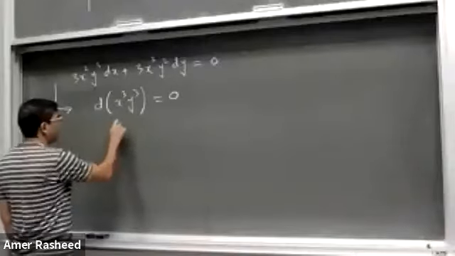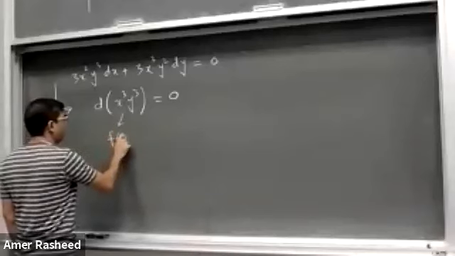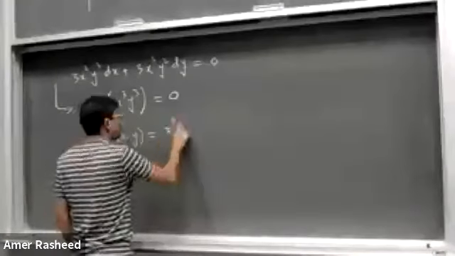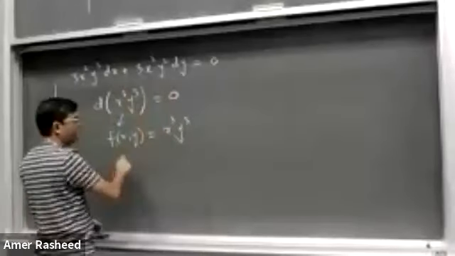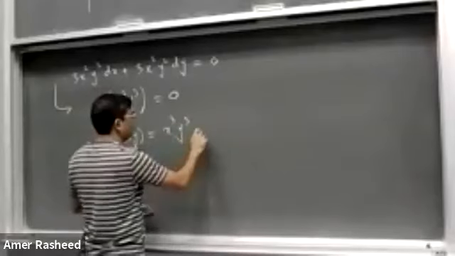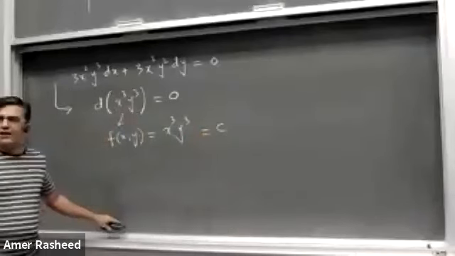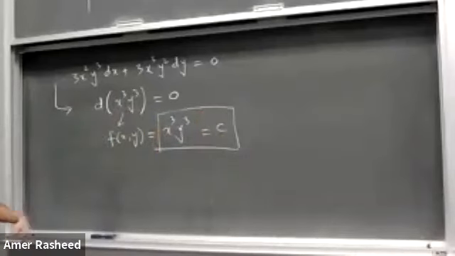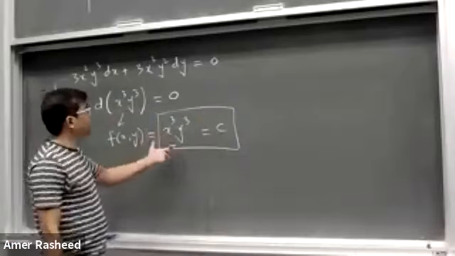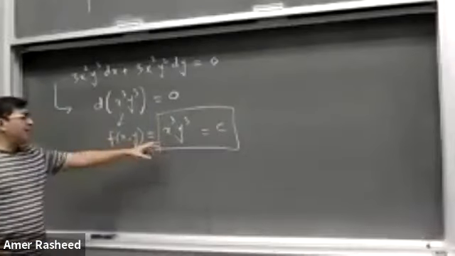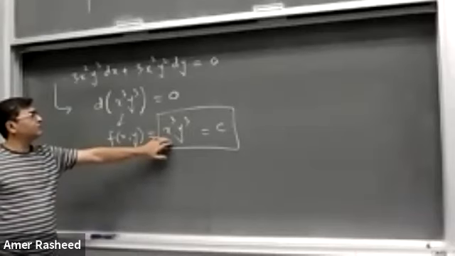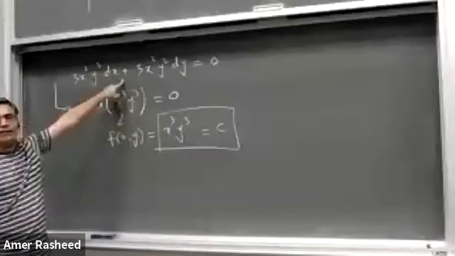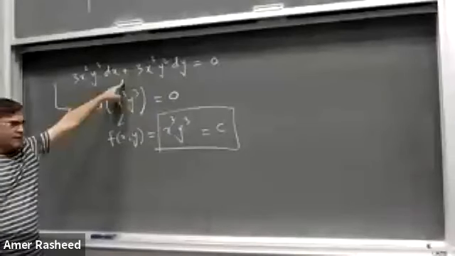Now, can we write a function from here, f of x y is equal to x cube y cube? Now, if this is equal to 0, then this function must be equal to some constant while taking the differential. This is the surface which we put equal to c. Now, if we take the differential of this expression, we can arrive at this thing.